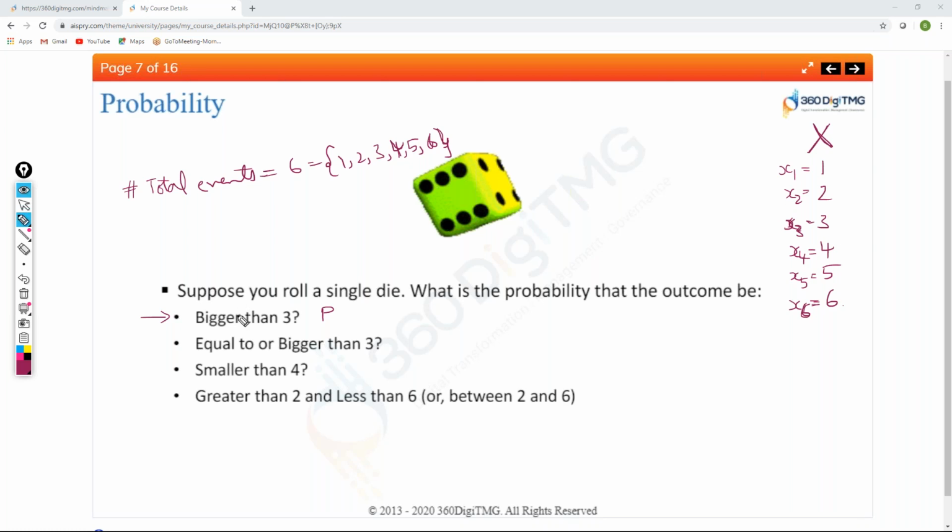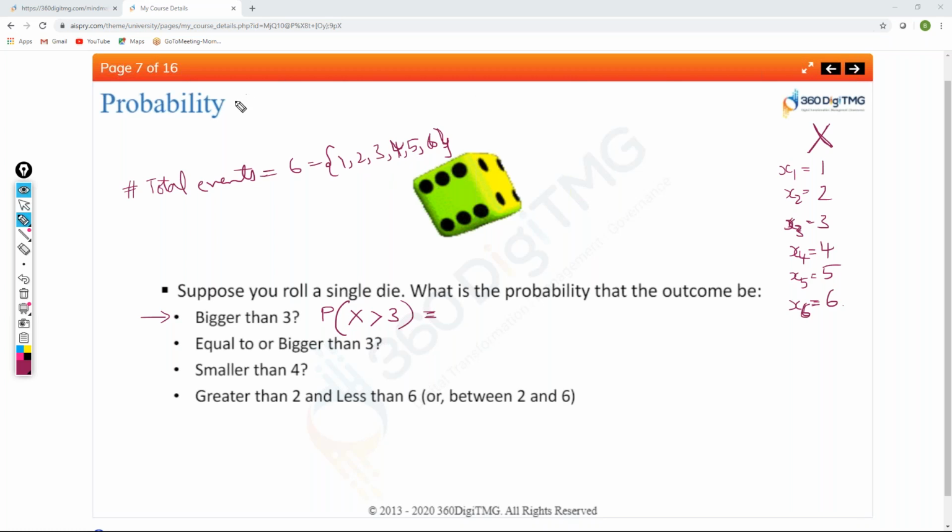Now, what is the probability that when you roll a die, you get a number which is bigger than 3? How do you represent it? What is the probability that this random variable is bigger than 3? That's how you write it. And then you have to look at how many numbers do I have?